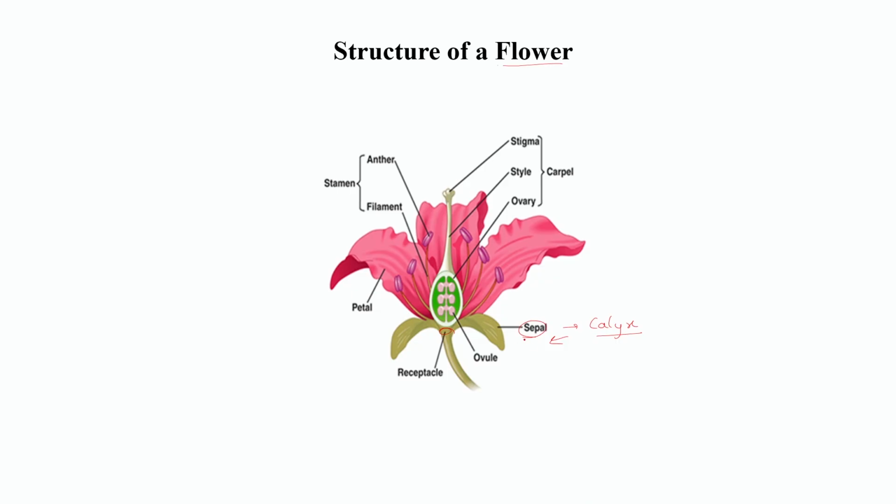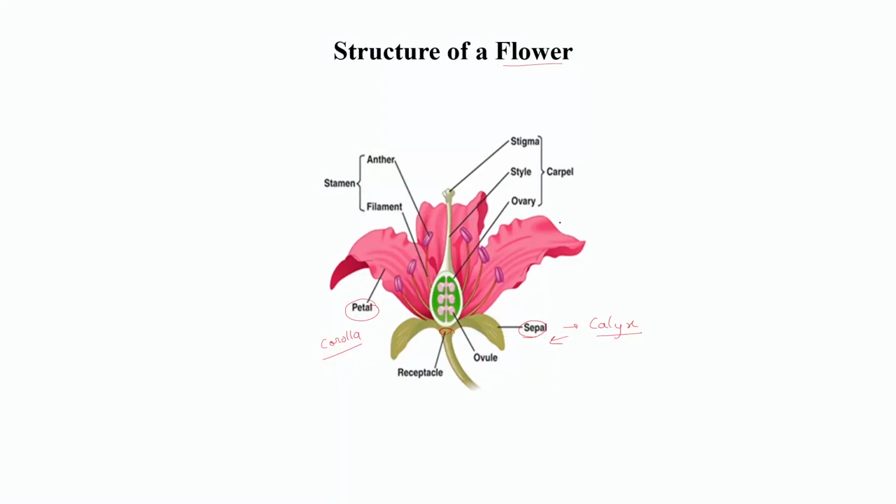After this whorl, you will see colored petals, known as the corolla. So the next whorl is the corolla, and it is made up of petals. The number of petals can vary, and similarly the number of sepals can also vary. They could be fused or free, so a lot of different morphological types could be present.